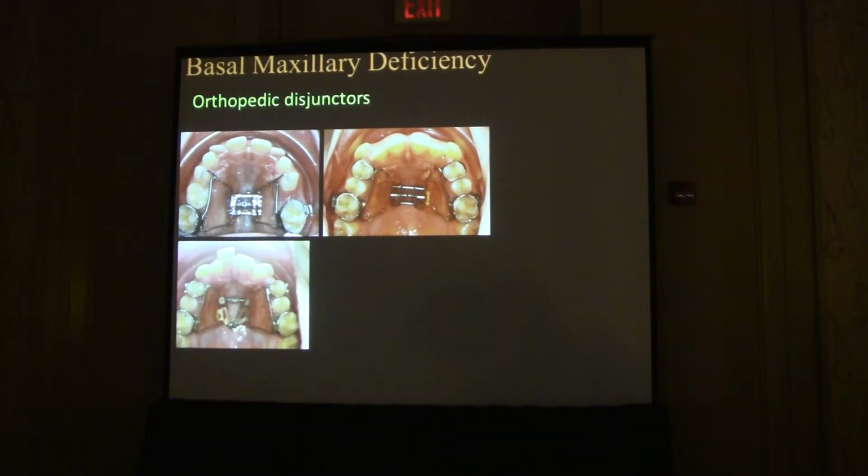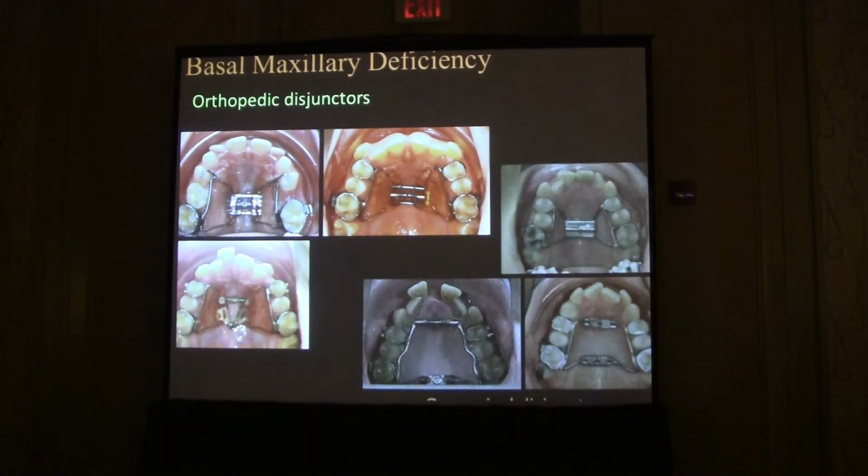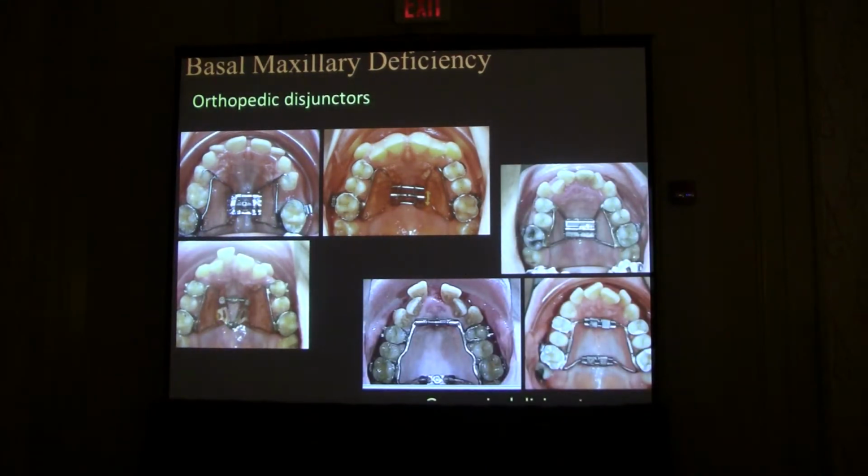In the case of a basal deficiency of the maxilla, depending on the age of the patient and the state of the sutures, the disjunctions will be done orthopedically or surgically. For a rapid palatal expansion, we will use a Haas disjunctor with 2 or 4 bands. For surgically assisted disjunctions, we will use a Hyrax disjunctor.